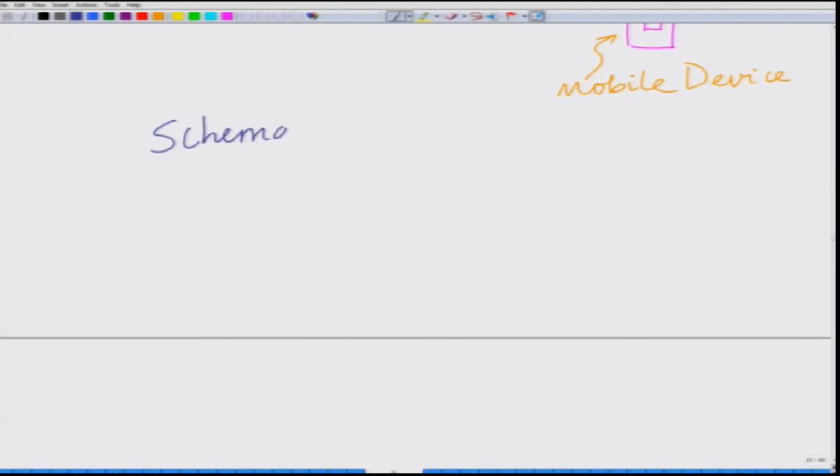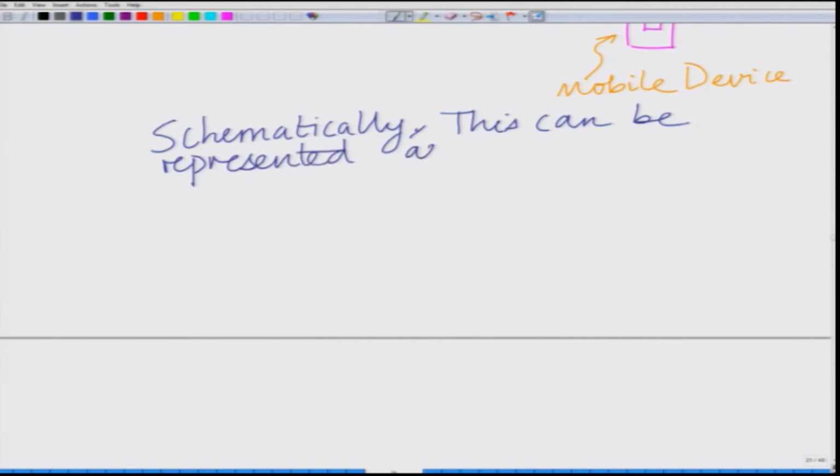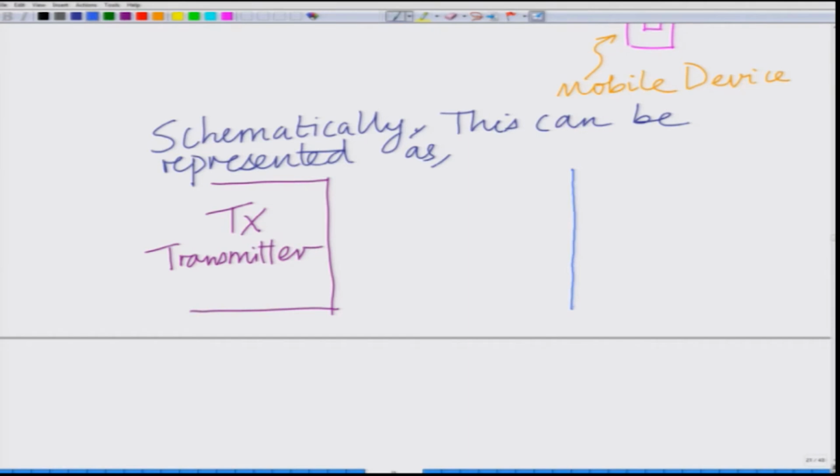Okay. And schematically, let me draw a schematic diagram. Let us say you have a transmitter, this is your Tx, and you have your Rx, that is the receiver.